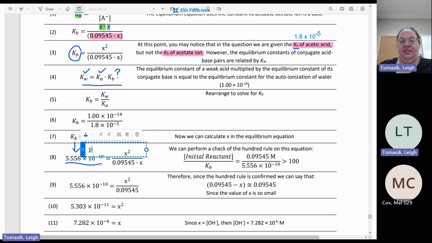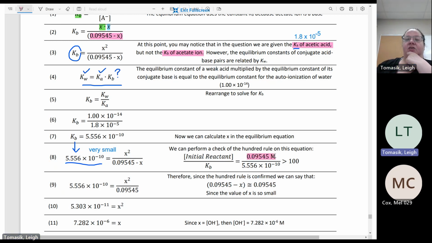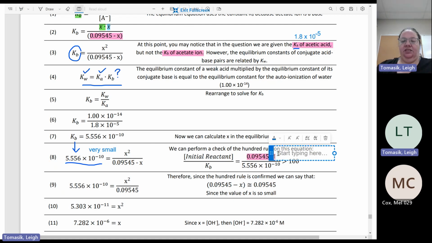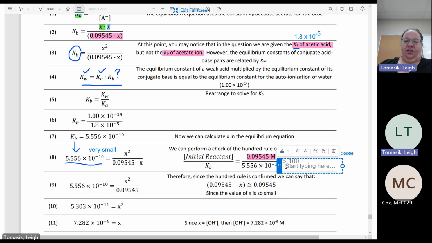And when your K is very small, there's a very good chance that the 100 rule will work. So we take our initial concentration, the initial concentration of our base, and we divide by Kb. And we find out that it is much bigger than 100.